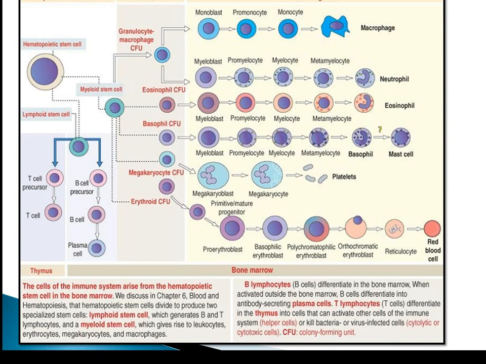specific circulating blood cells. The first precursor cell of each cell lineage is, first of all, the proerythroblast, which gives rise to erythrocytes.